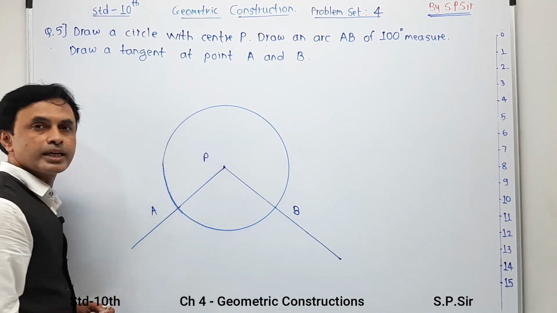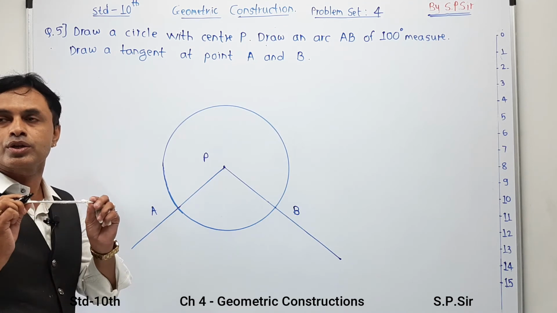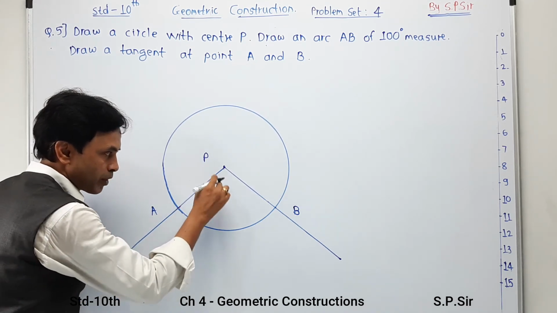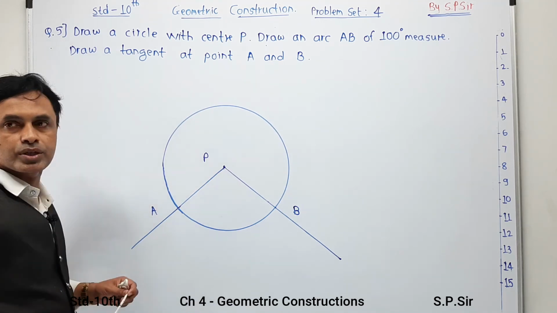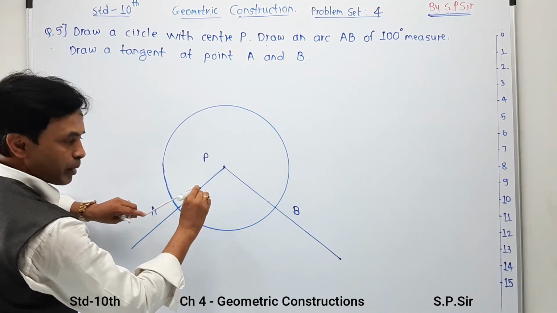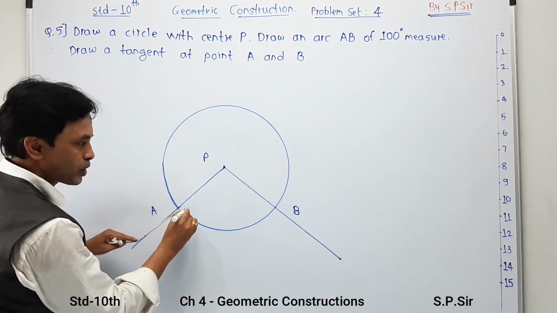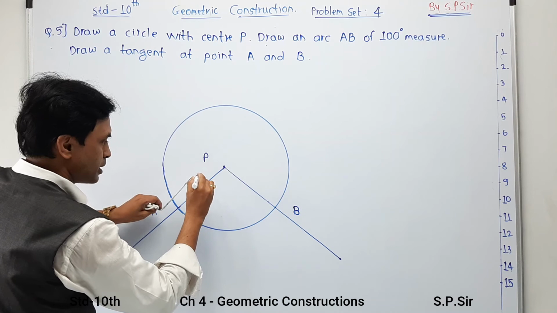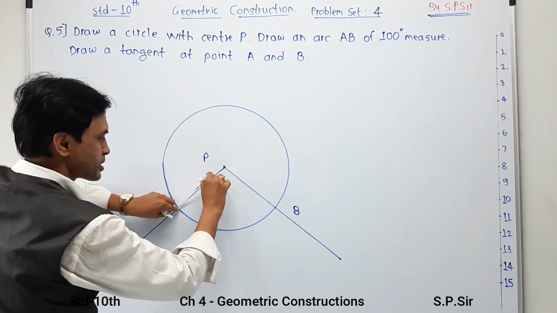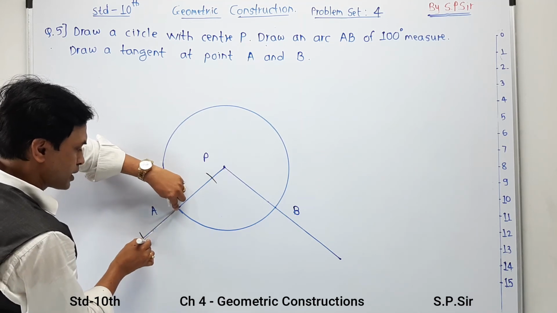Remember, we have already taken a radius of 3 centimeter. So in the rounder, take a distance less than 3. You are going to make one mark upstairs and a second mark downstairs. So taking a tentative distance like 2 or 2.5, with the help of the rounder I am going to start the process for A: first arc inside the circle and second arc outside the circle.